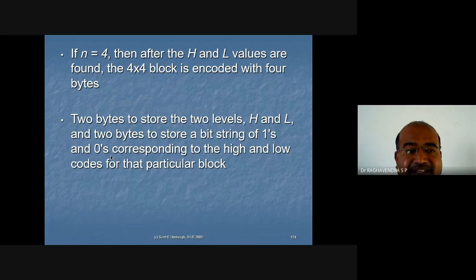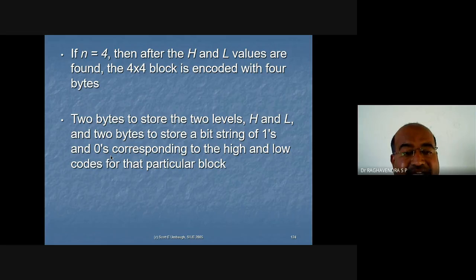Now, if n is equal to 4, what is the block size? The block size will be 4 cross 4, with suitable H and L, that is high value and low value, which have to be evaluated and encoded with 4 bytes because it's a 4 cross 4 block.